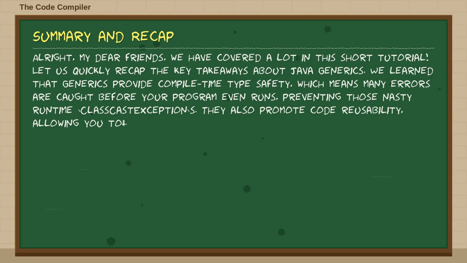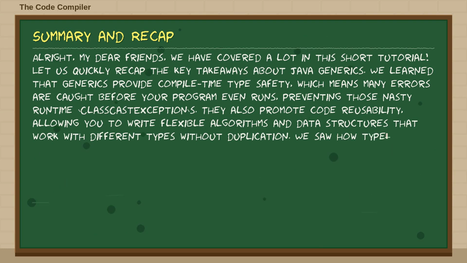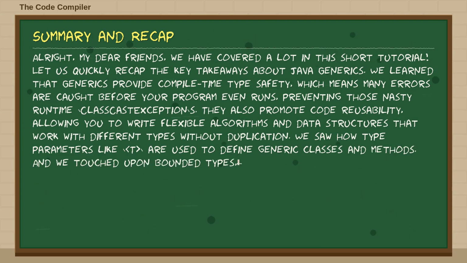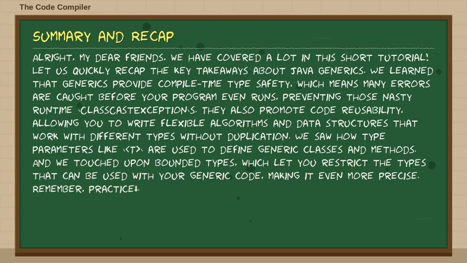They also promote code reusability, allowing you to write flexible algorithms and data structures that work with different types without duplication. We saw how type parameters like T are used to define generic classes and methods. And we touched upon bounded types, which let you restrict the types that can be used with your generic code, making it even more precise.